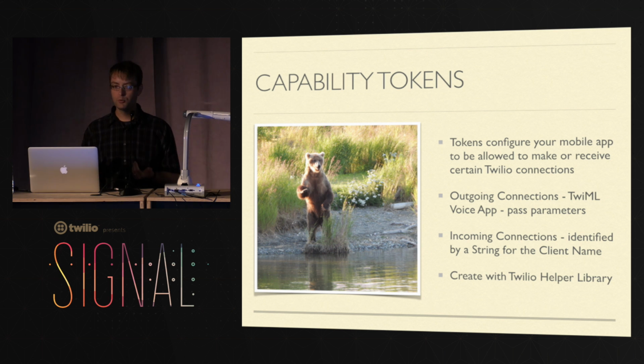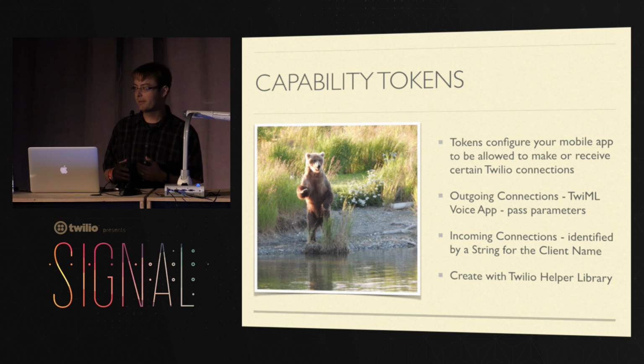Using your Twilio credentials on the server side, you can create these capability tokens that your web client, your mobile client, simply requests, gets that token back, and uses to initialize what's called the Twilio Device. And the Twilio Device is simply a representation of, basically, I'm on the app, I have this connection to Twilio, and now I have a device that's capable of making either outgoing connections or incoming connections.